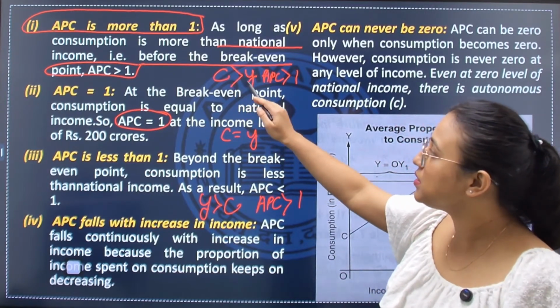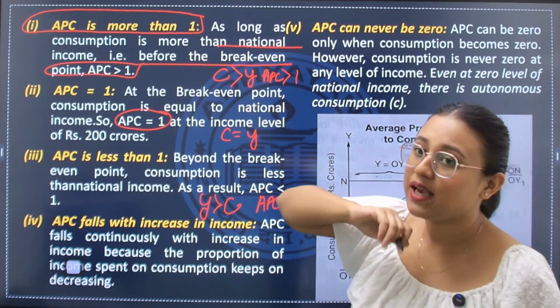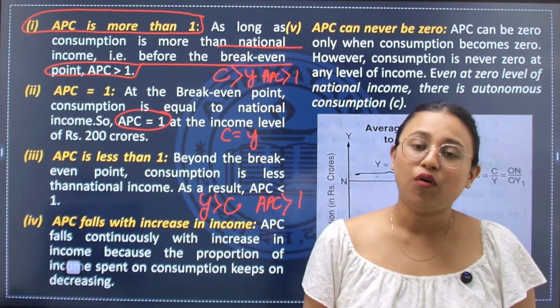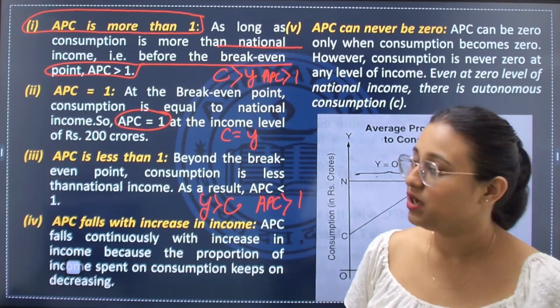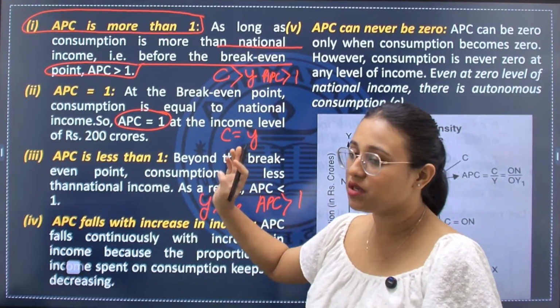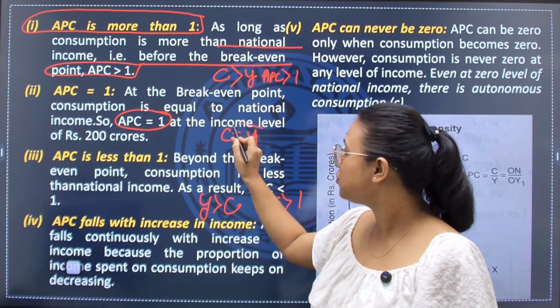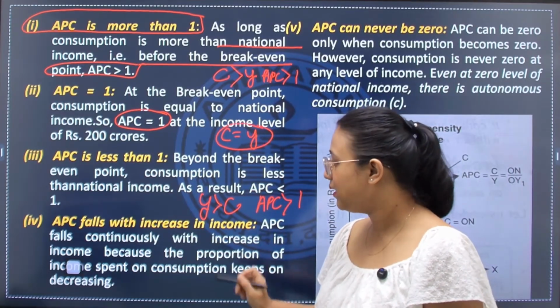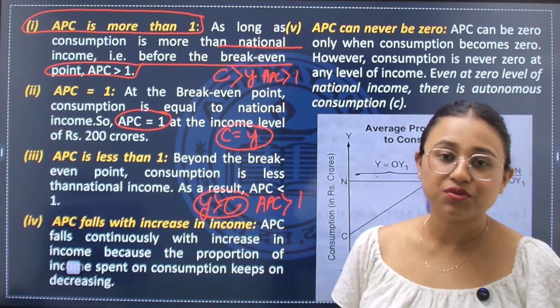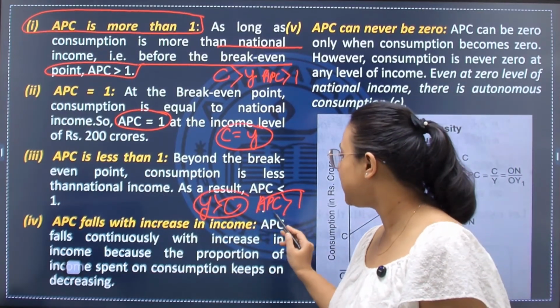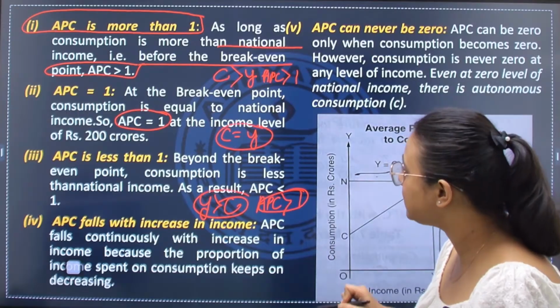Here APC is greater than 1 because you are earning less but spending more on consumption. Here both are the same, consumption and income, therefore your APC is equal to 1. Here you are earning more and consuming less, therefore your APC is less than 1.